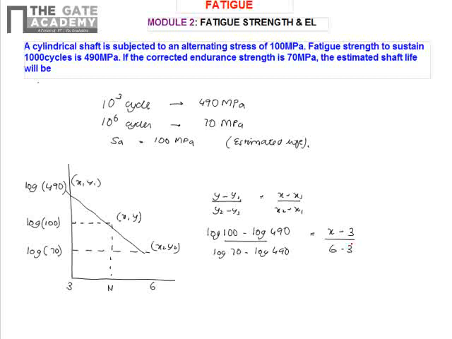So this can be written as: log of 100 is 2, minus log of 490 to the base 10 is 2.69, divided by log of 70 is 1.845 minus 2.69, equals (x minus 3) divided by 3.